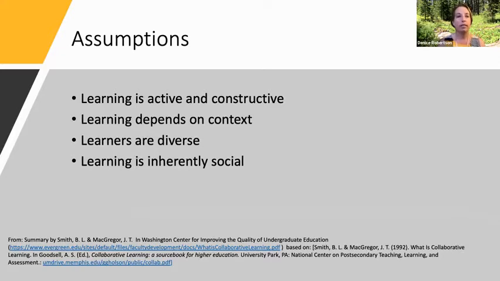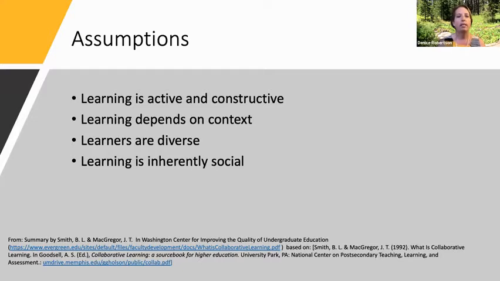Learning in and of itself depends on the context and your ability to put things into context. Learners are diverse. I talked a little bit about that in the last talk, but certainly there are different ways that students learn. There are also, of course, different backgrounds, different impediments to learning, different things that really help students thrive. So we have to really understand that.